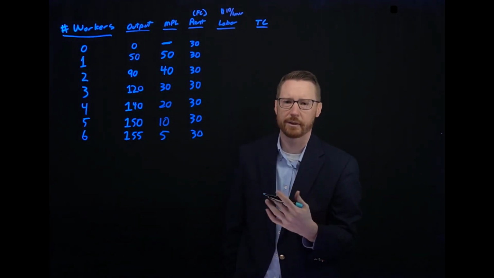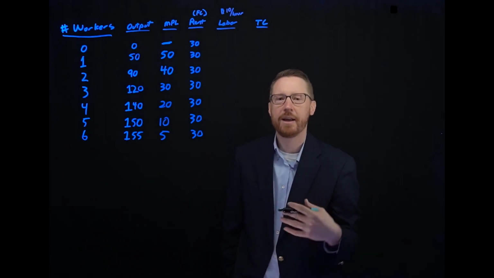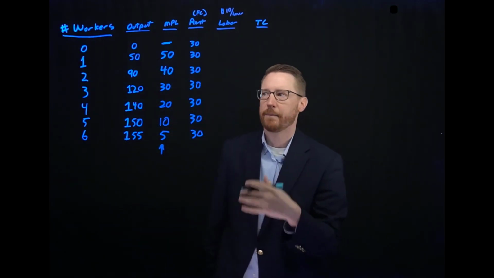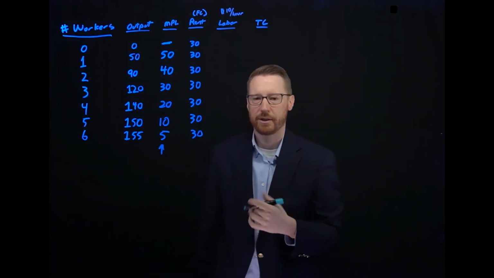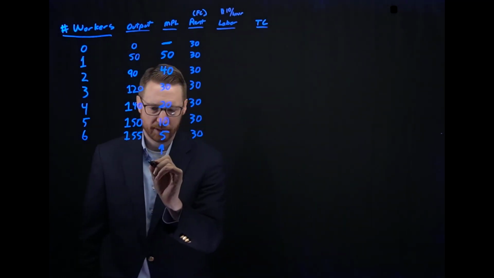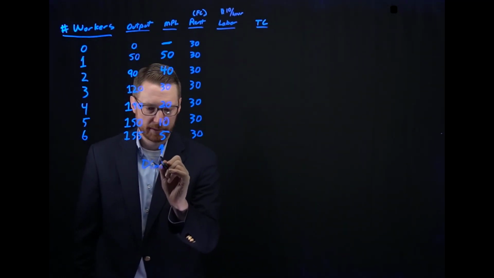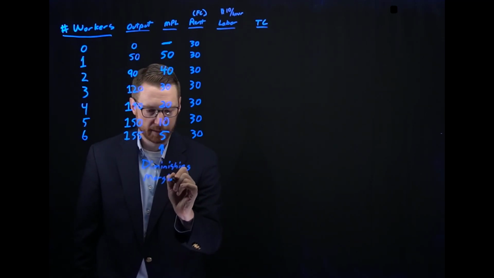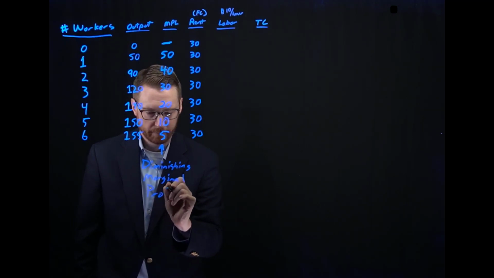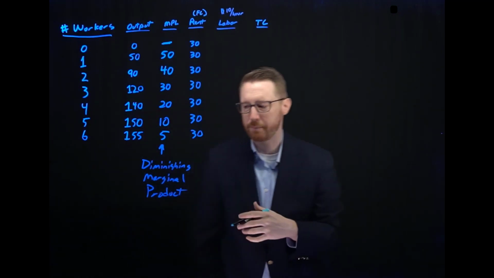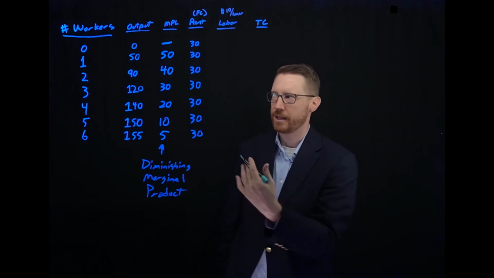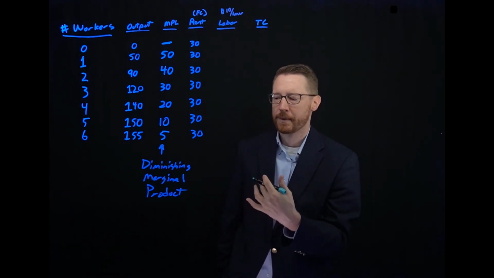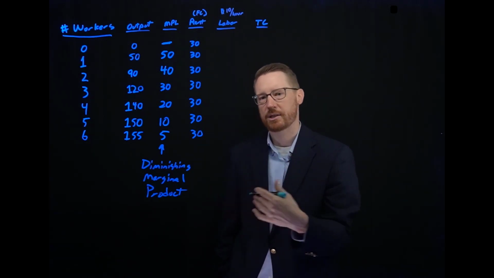Now if you're looking at that and you're like, seems like there's a pattern here. You're absolutely right. So these numbers are diminishing, right? Each worker adds less than the prior worker did. So this is diminishing marginal product. So that means each additional unit of input, in this case workers, each additional worker leads to additional production but less than before.